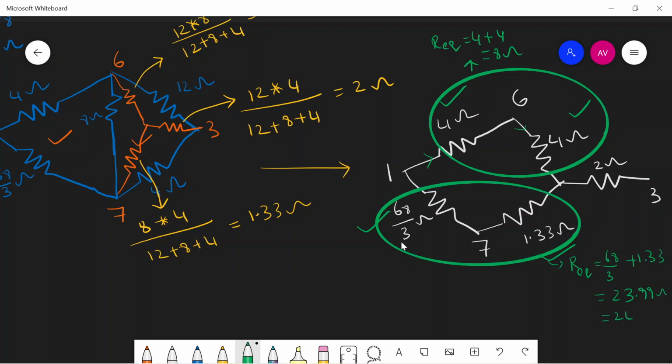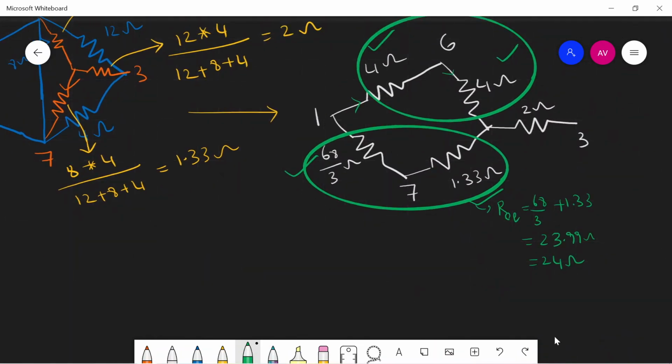I'll take 24 ohm. I'll redraw the figure. So this is 8 ohm and this is 24 ohm.